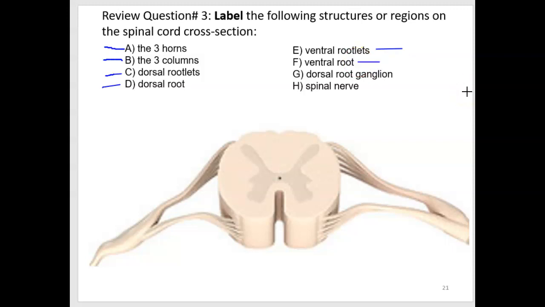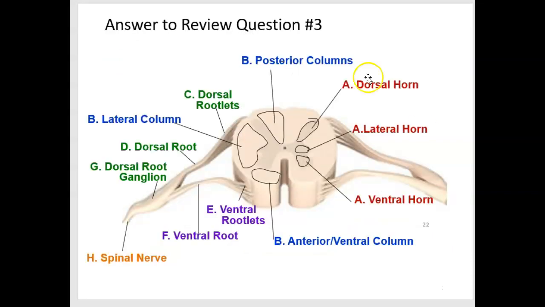And then remember, the dorsal root has this bulge, and that's called the dorsal root ganglion that contains sensory neuron cell bodies. And then I've asked you to identify where the spinal nerve is located. And of course, that's going to be out here, and it's kind of cut off. So when you get done labeling it, there is an answer key on the next slide so that you can check to see if you labeled it correctly.